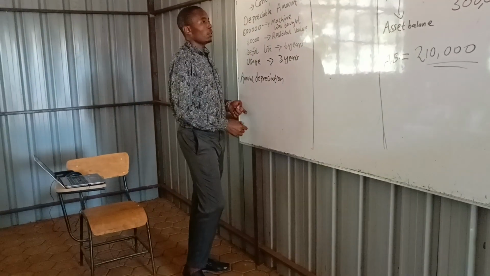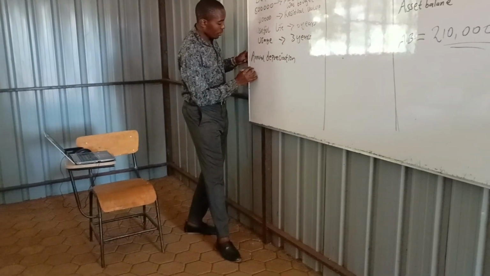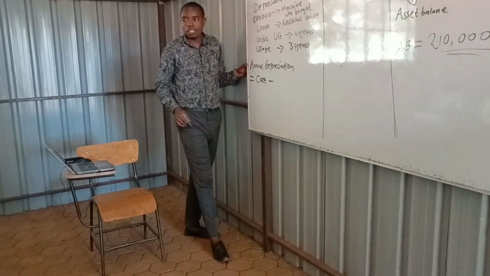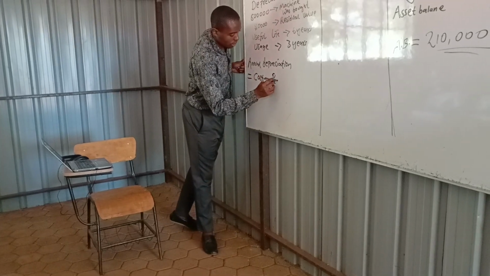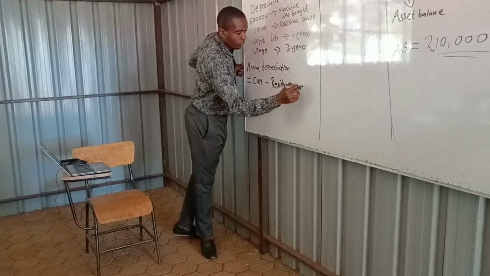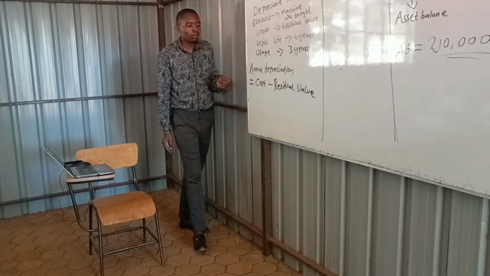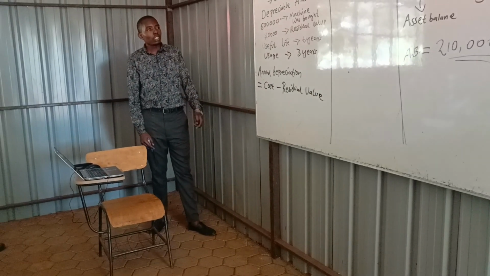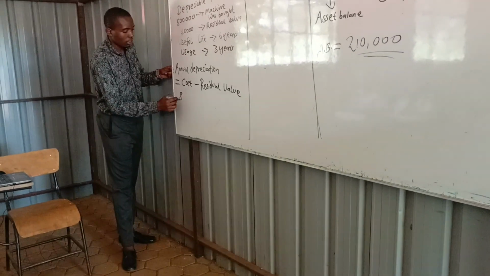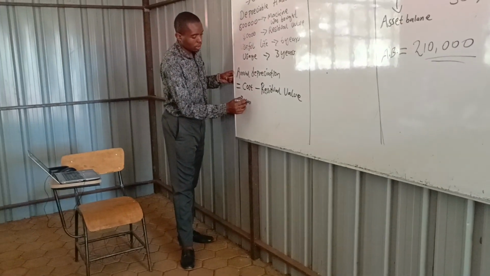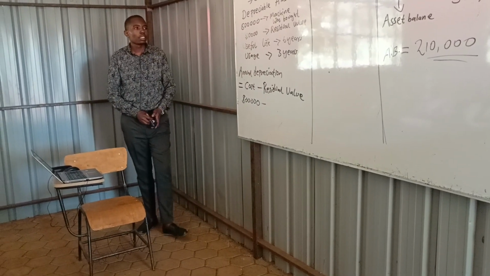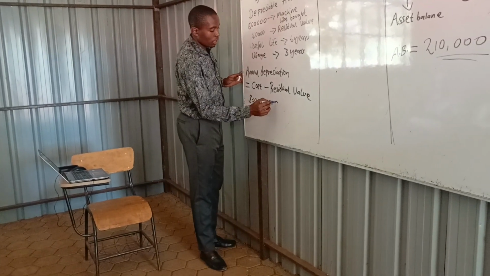So the depreciable amount will be equal to the cost minus the residual value. So what was the cost? The cost was 800,000 minus the residual value was how much? 80,000.